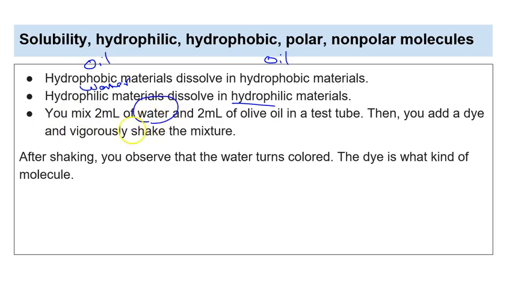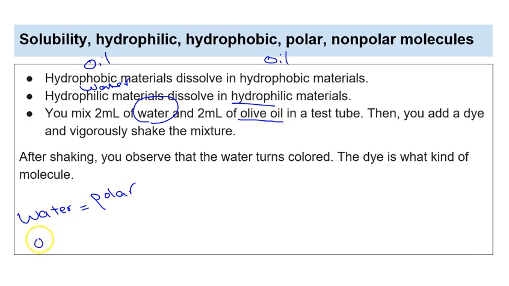Okay, what kind of molecule is that? Water is a polar molecule. Any molecule that loves water and can be dissolved in water, these are the hydrophilic molecules. And then we mix this water with 2 milliliters of olive oil.